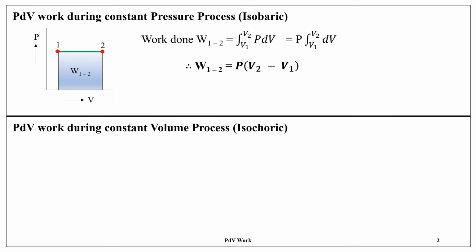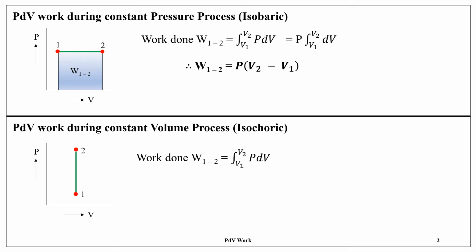The next one is constant volume process, which is also called as isochoric process. The representation of a constant volume process in a PV diagram is like this. So initially at state 1 and final state is 2. The path is completely defined. That means volume remains constant during the state change, and hence the process is called a constant volume process.